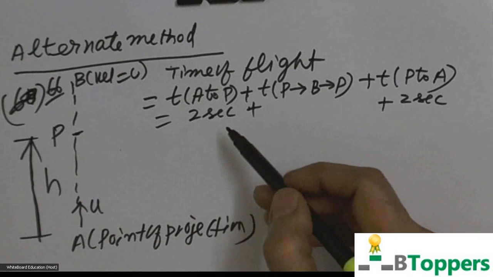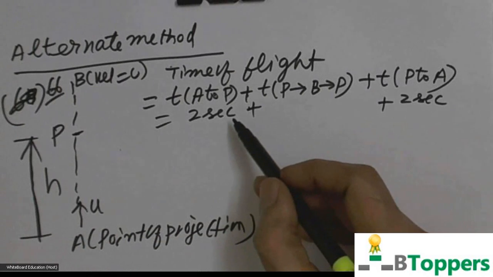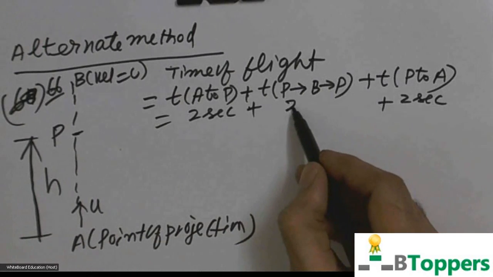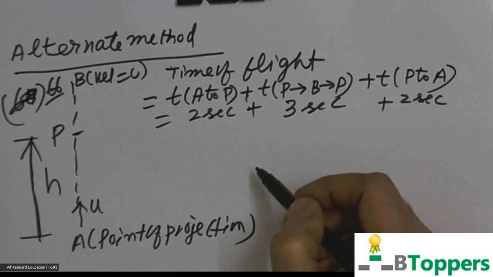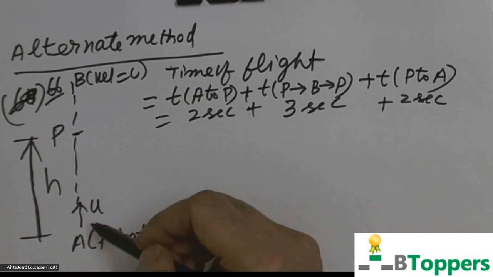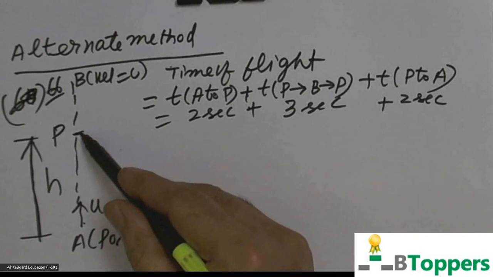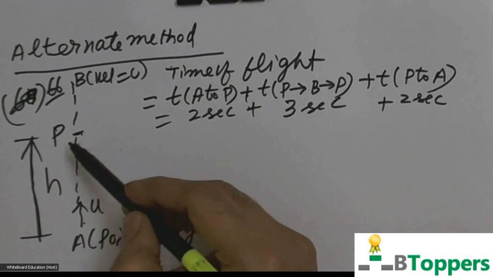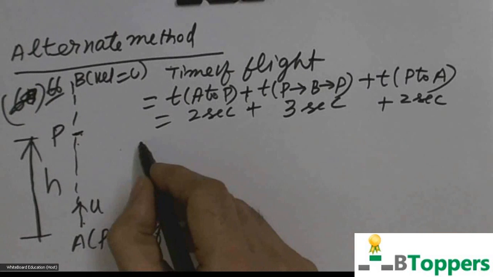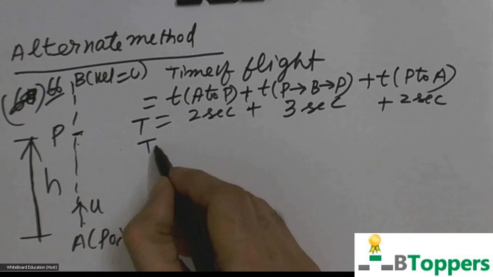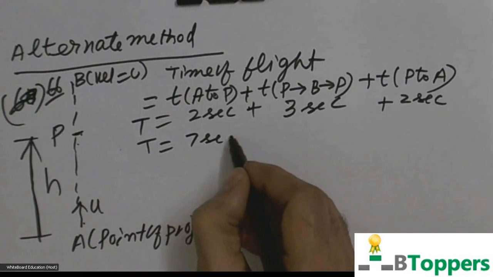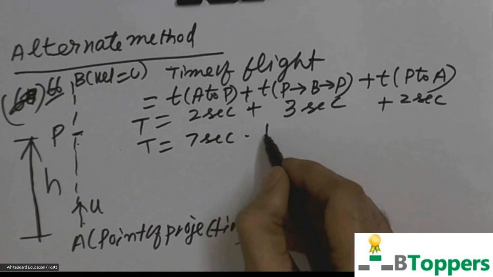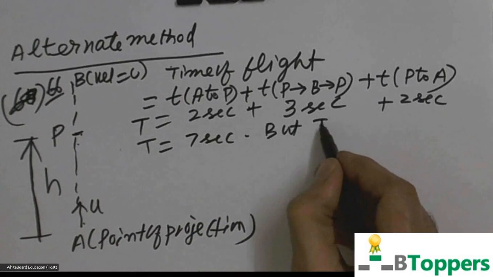It is given that the body is found at the point P first time 2 seconds after projection, and the body is again found at P after 3 more seconds. That means in first 2 seconds after projection, it moves from A to P. Next 3 seconds, it moves from P to the highest point B and back to P. Therefore, time of flight you get 7 seconds. But time of flight is given by 2u by g.